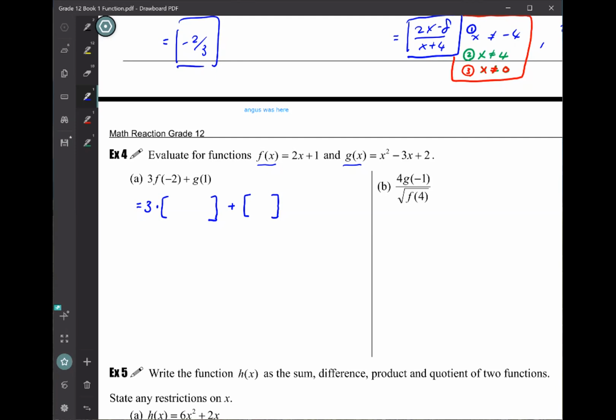Yeah, but I don't think it's right. Okay, let us know. -9. -9, okay. Ray, what about you for A? The same. The same? Okay. Please raise your hand if you finished.